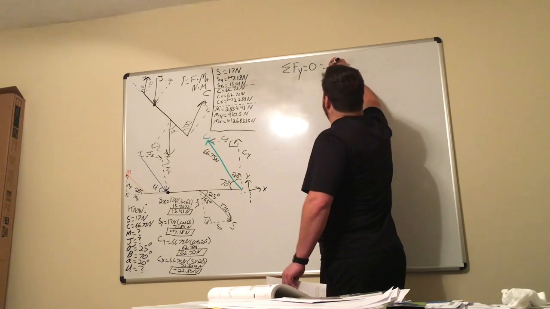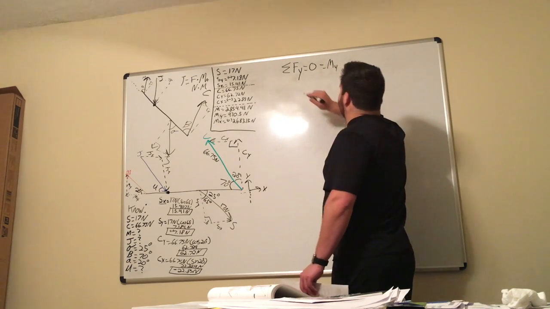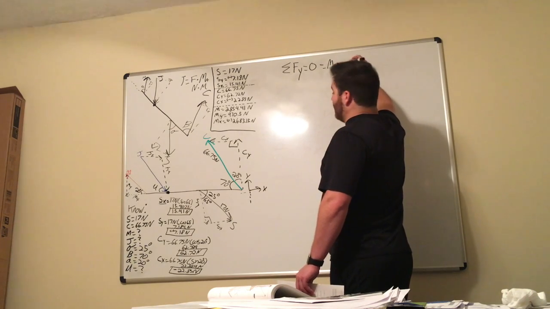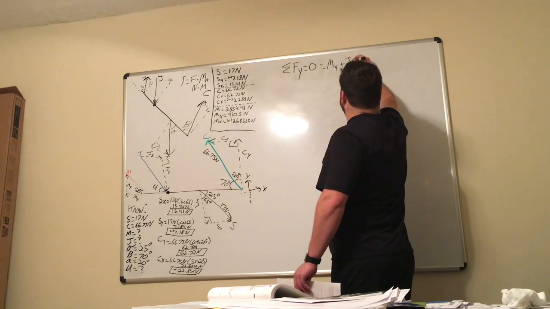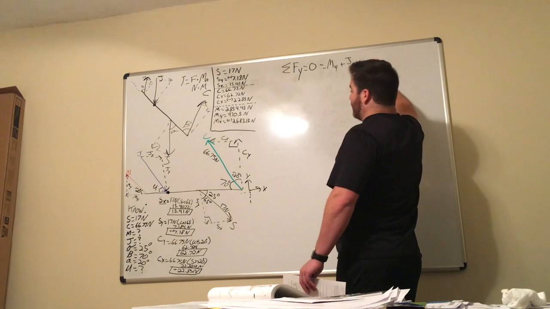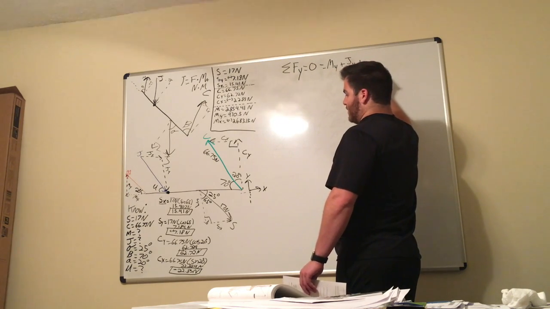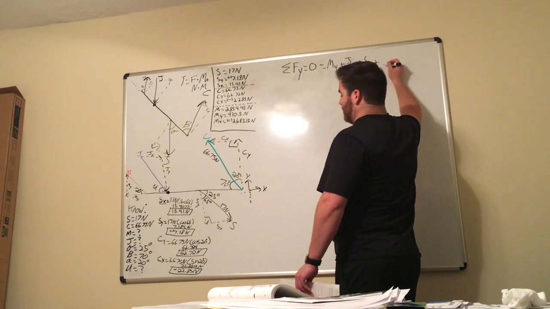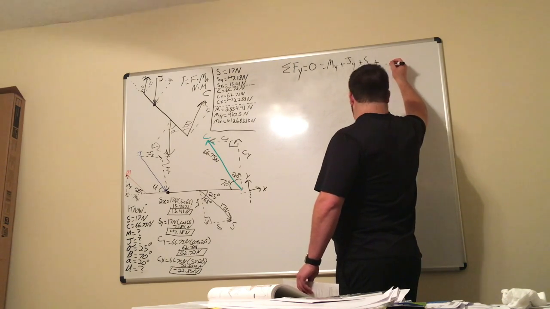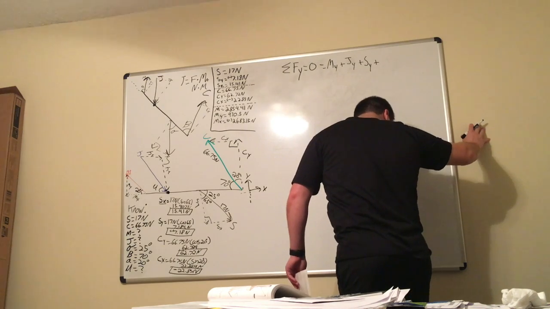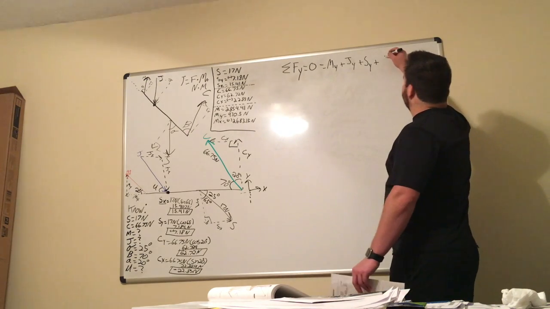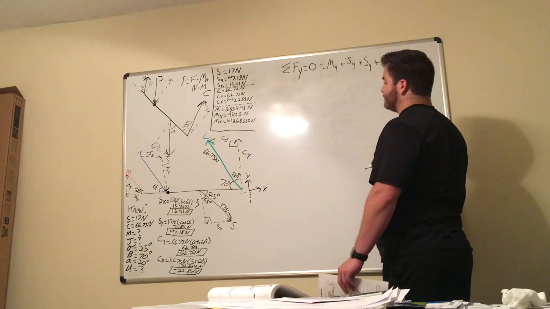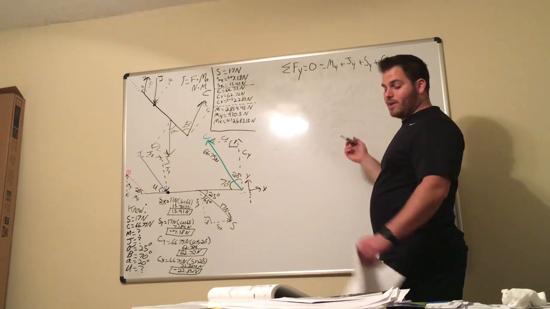Remember, we only care about the Y's right now, so our muscle, our joint, the weight of the arm, and then our cable in the Y. So now we just plug it in.